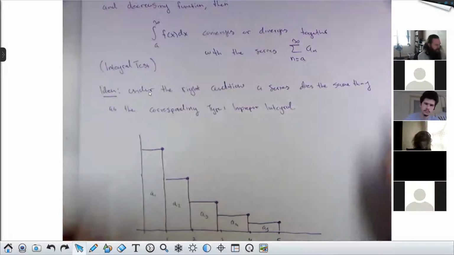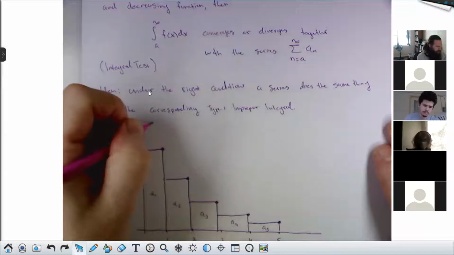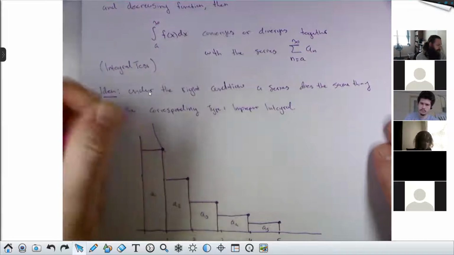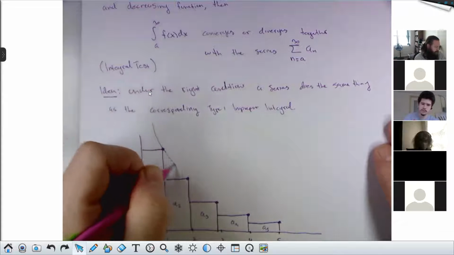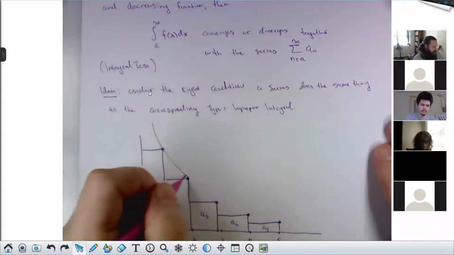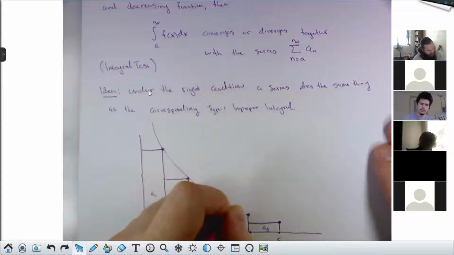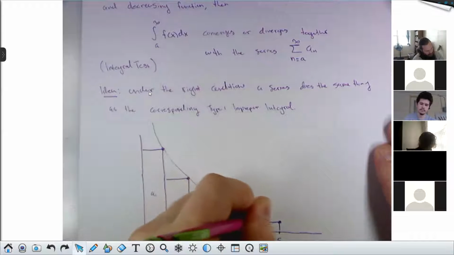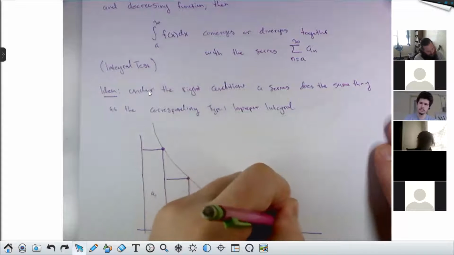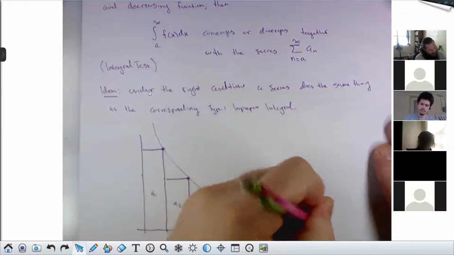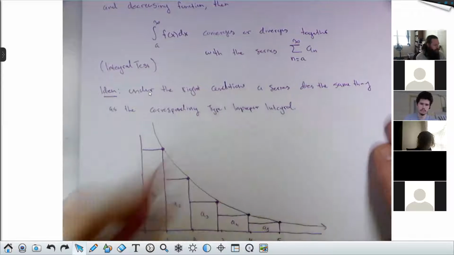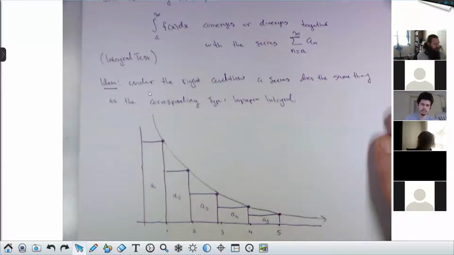Then you can sort of picture if you have some curve that connects these dots nicely, then the area under the curve, when we think of it like this, is actually bigger than the area of the rectangles.